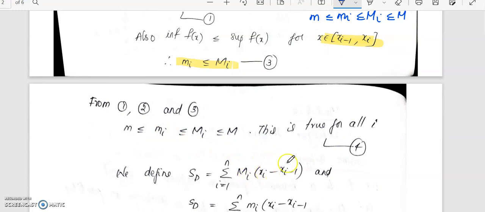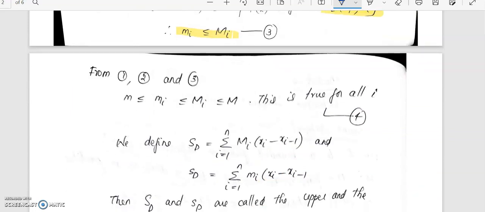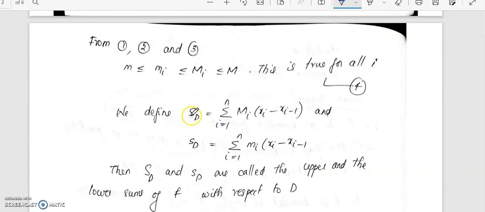Now this will hold for all i. And now let me define the upper sum and lower sum. We are going to denote the upper sum by capital S and the lower sum by small s.